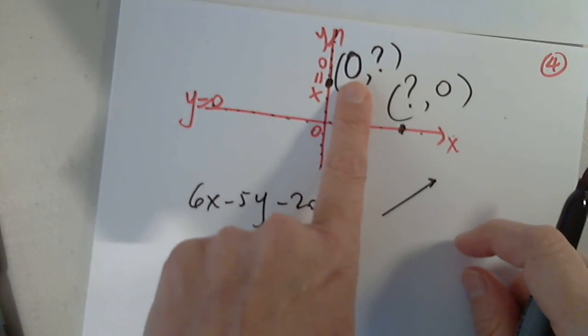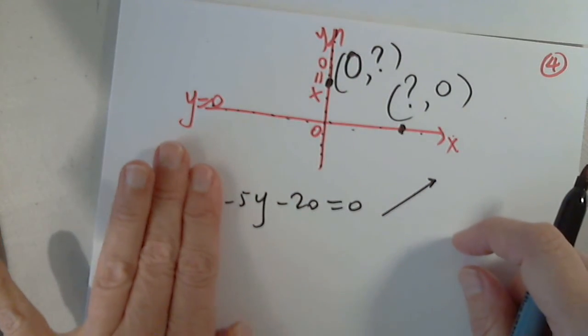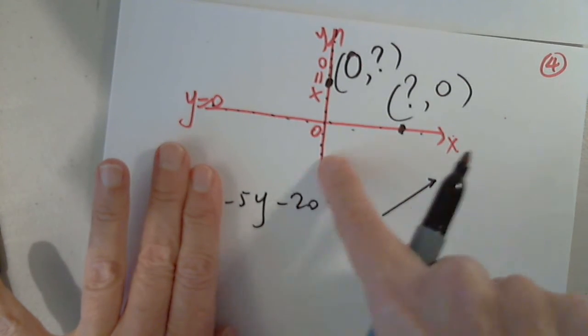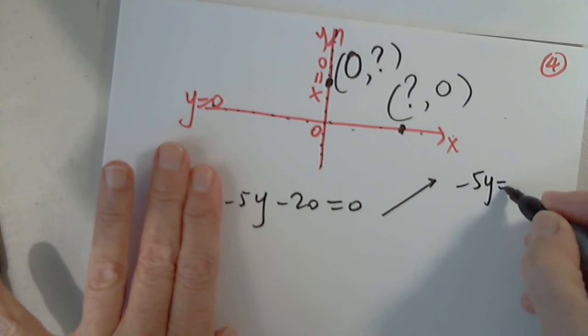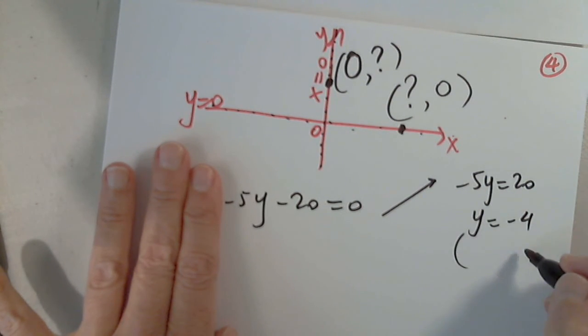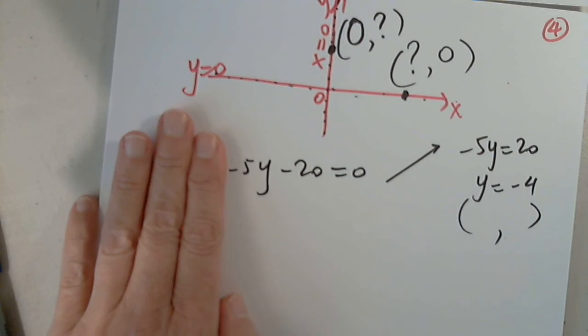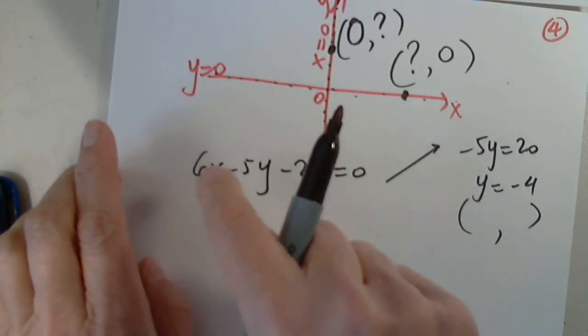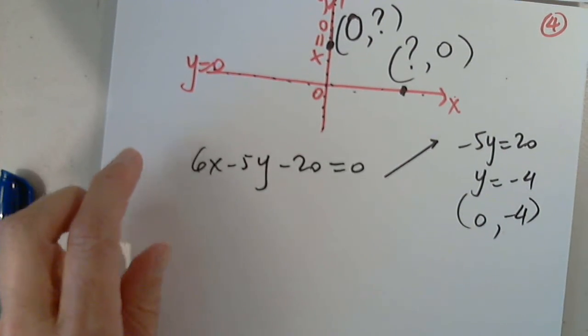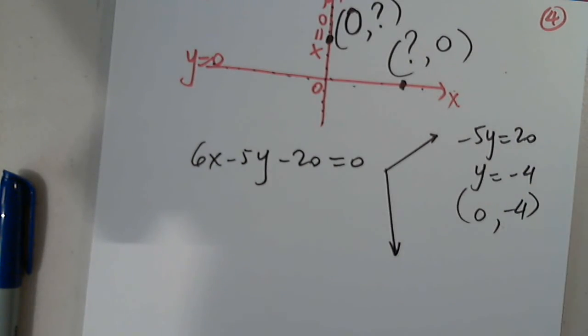So I'm going to replace x by 0. I just cover it. So the equation becomes negative 5y equals 20, so y is negative 4. Right here, right now, I write the ordered pair. I plugged in 0 for x, and I got y to be negative 4. Second option, I plug in 0 for y.